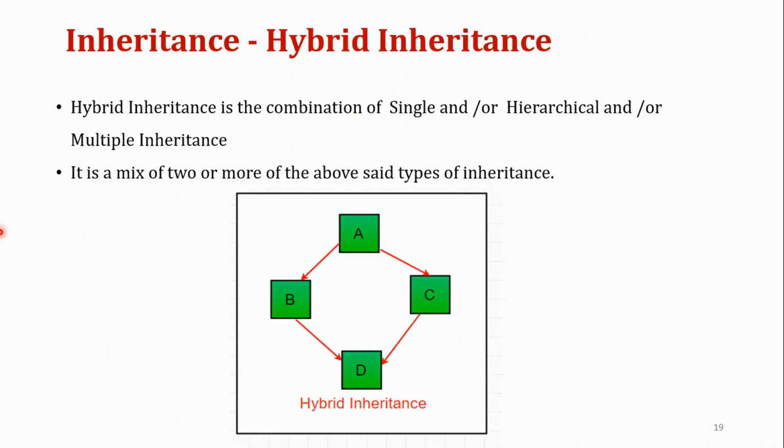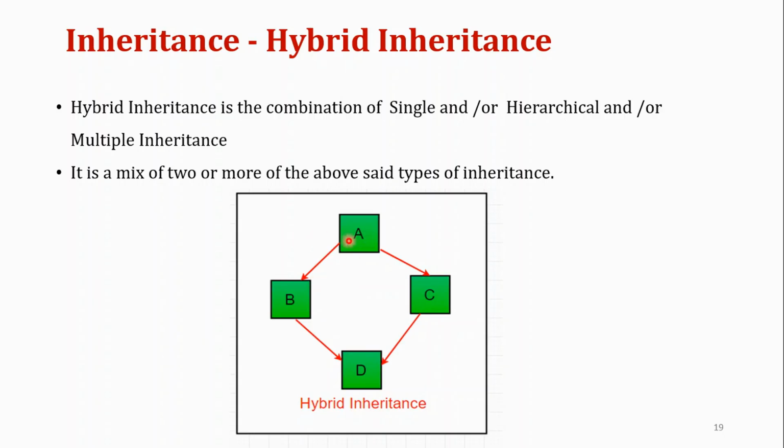And the last type is hybrid, the combination of any of the above four inheritances. Single or multiple, multi-level: two or more combinations of the above inheritances can form a hybrid inheritance. Check this out. Class A is inherited to B and C. If you remove class D, it will be hierarchical inheritance.